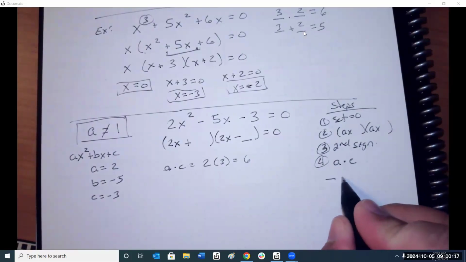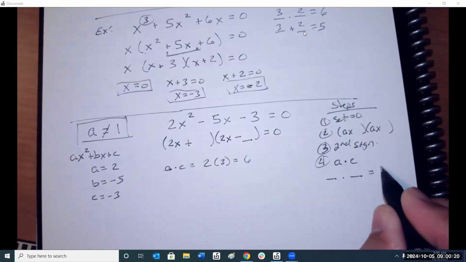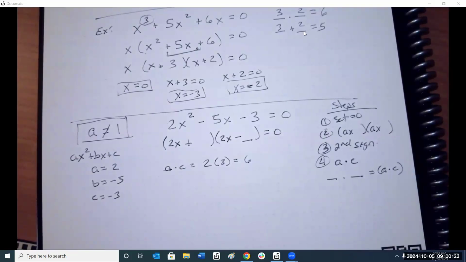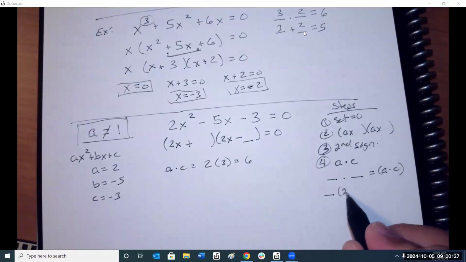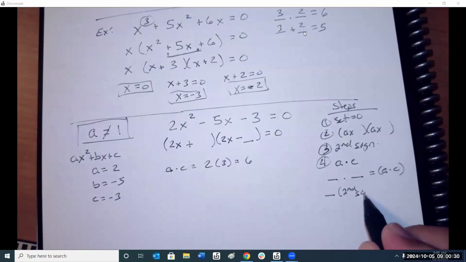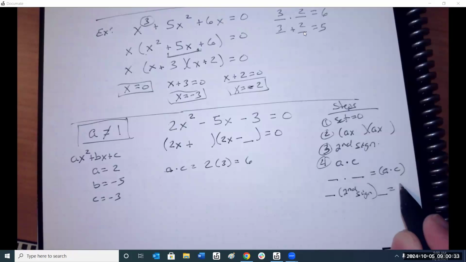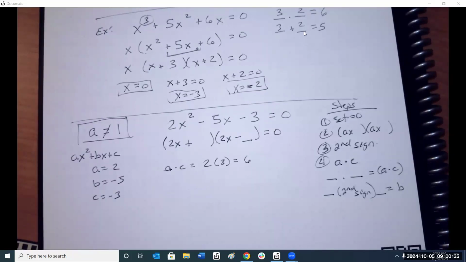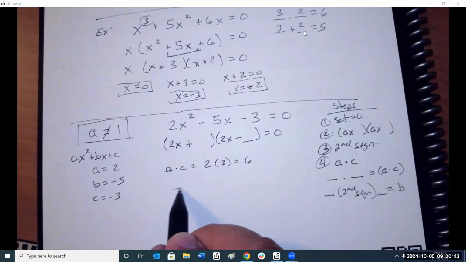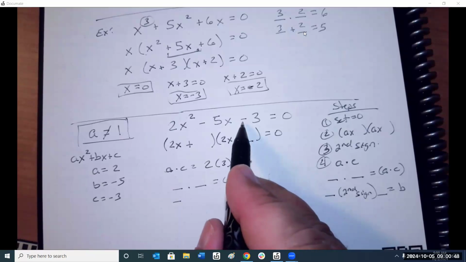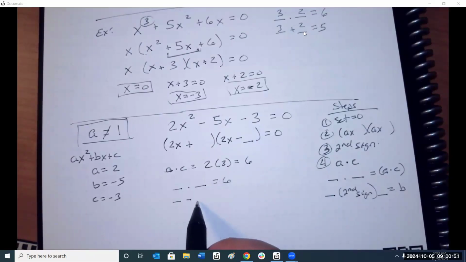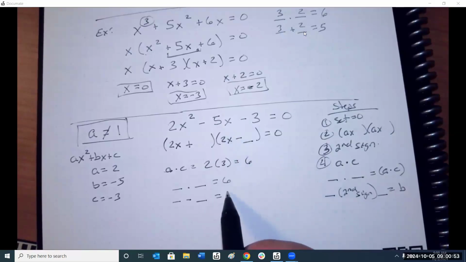Now we've got to find what two numbers multiply to equal that A times C, that when we combine them, we get the middle term. So A times C is 6. So we figure out what two numbers multiply to equal 6, that when that's a minus, I subtract them, I get 5.